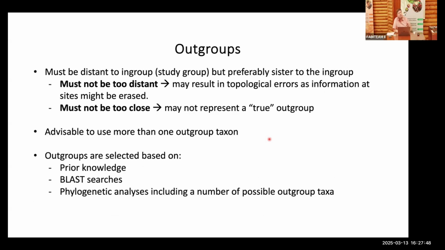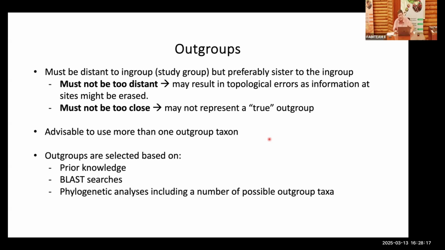These outgroups must be not too distant. So if you want to infer the phylogeny of a group of species in a genus, I would not take an outgroup from another order. I would rather take a species or group of species in a genus that you know is sister to the genus that you are investigating.